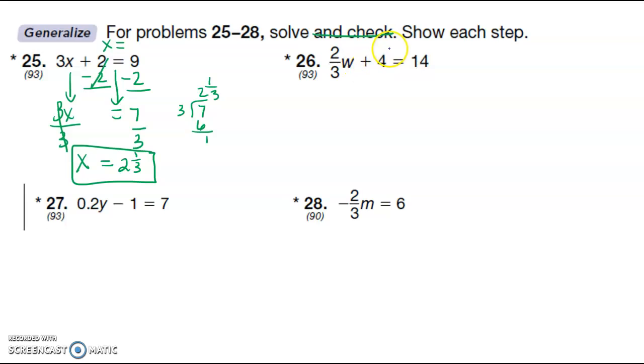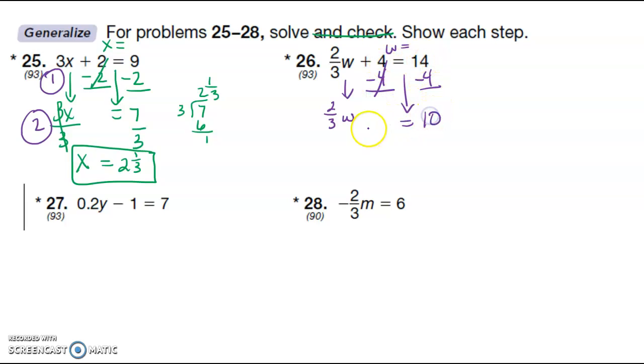Okay, so here I want W equals eventually. Right now I'm adding 4, and I'm sorry, let's go back to 25. So my first step was to subtract, my second step was to divide. Over here I'm going to subtract again because I have to do the opposite of what's happening to W right now. 2/3 W is going to come down, my equals comes down, the 4's go away. 14 minus 4 is 10.